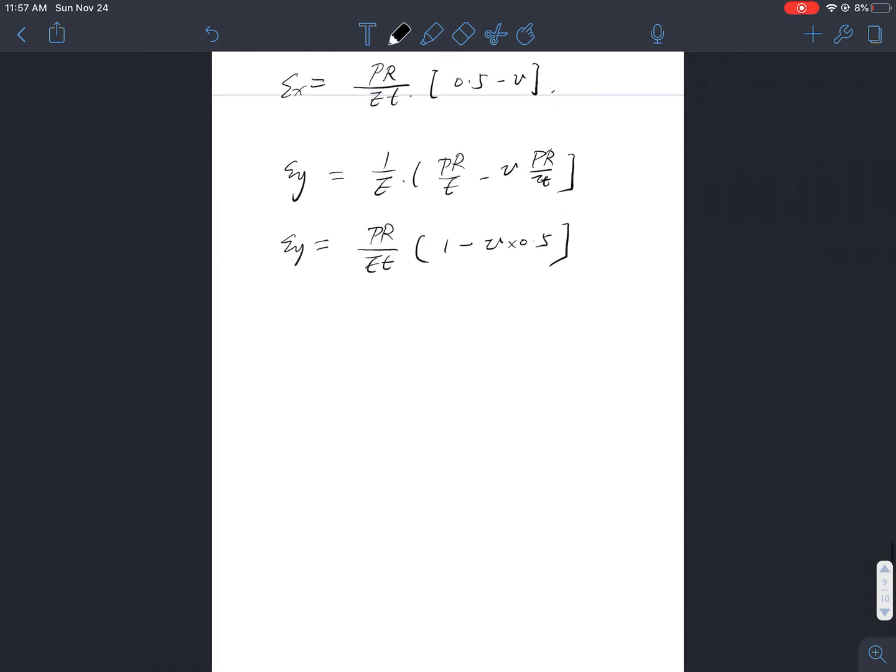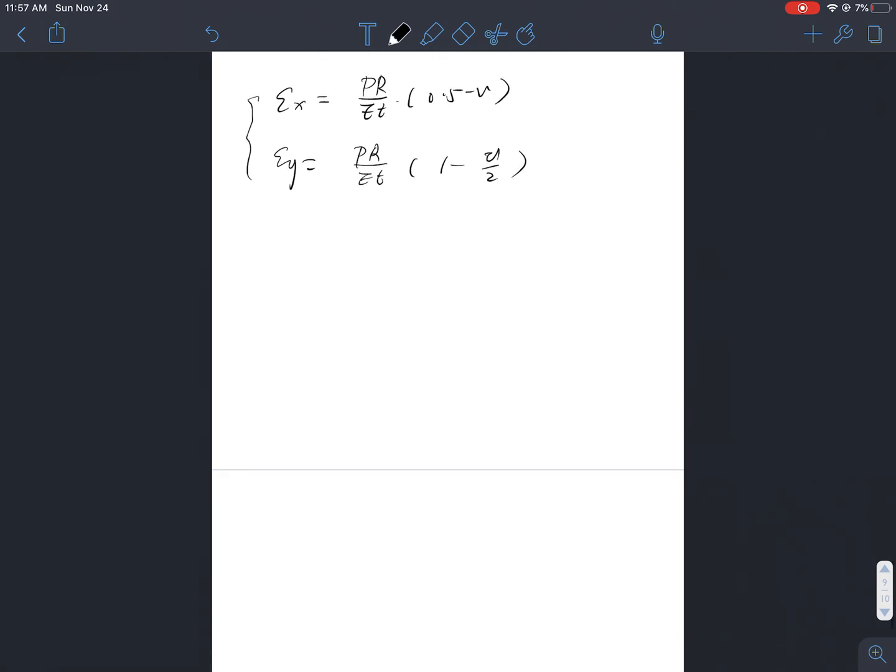Okay, so after all this, I have my strain: epsilon x equal to PR over ET times 0.5 minus nu, epsilon y equal to PR over ET times 1 minus nu divided by 2. And I know my shear strain is 0. Shear strain is 0.